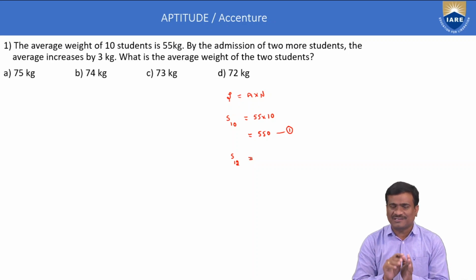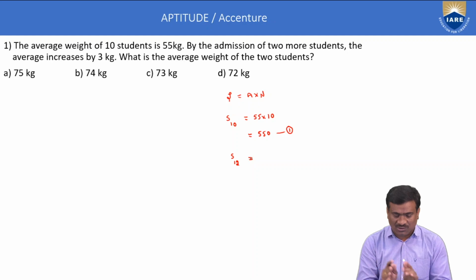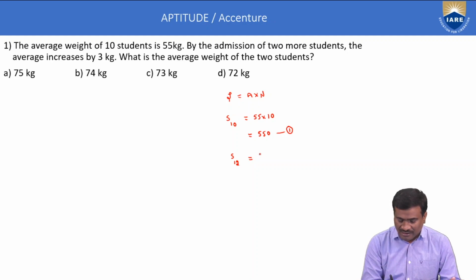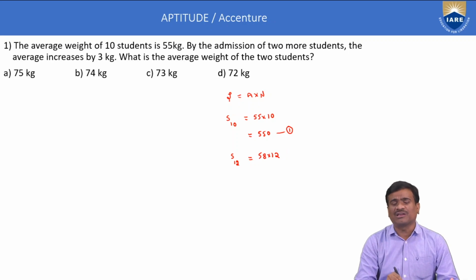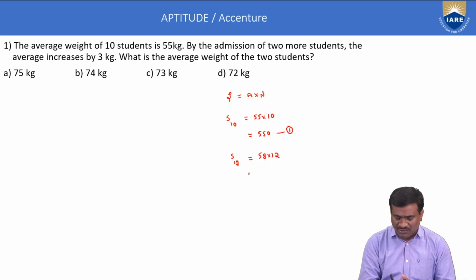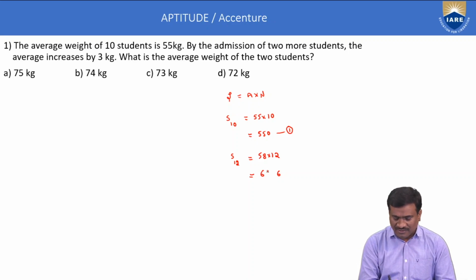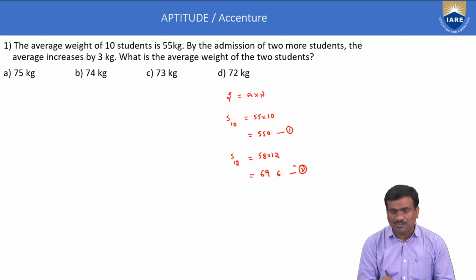Therefore, new average is equal to 55 plus 3 is equal to 58, and number of persons is equal to 12. This is called equation number 2. In next part, only simplification. 12 into 8, 96. 12 into 5, 60 plus 9, 69. So 696. This is equation number 2.